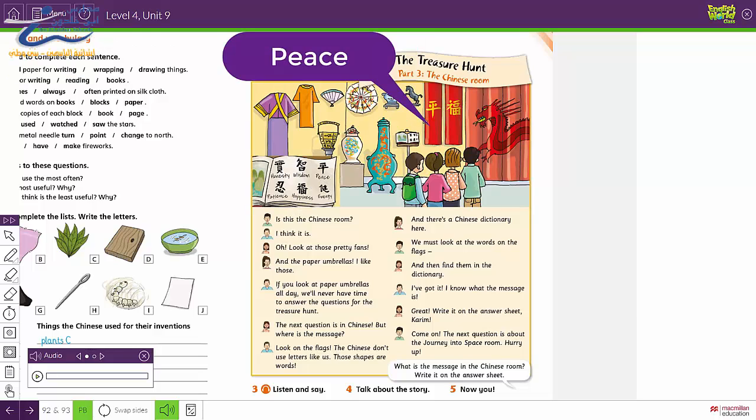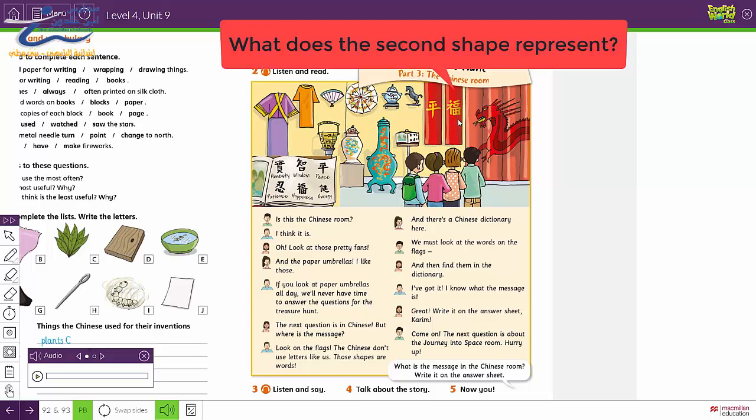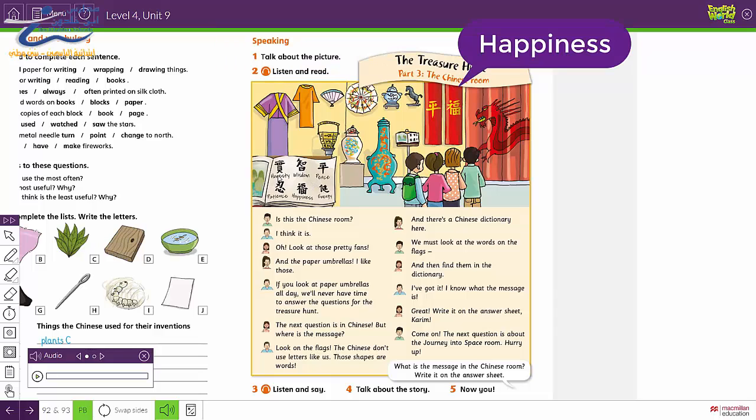Yes, peace. Write it down here, peace. And look at the second shape. What does this shape represent? Search. Yes, it represents happiness. Okay, write it down here.